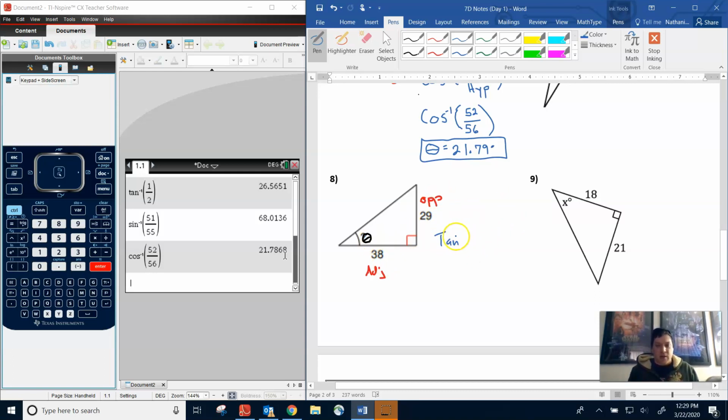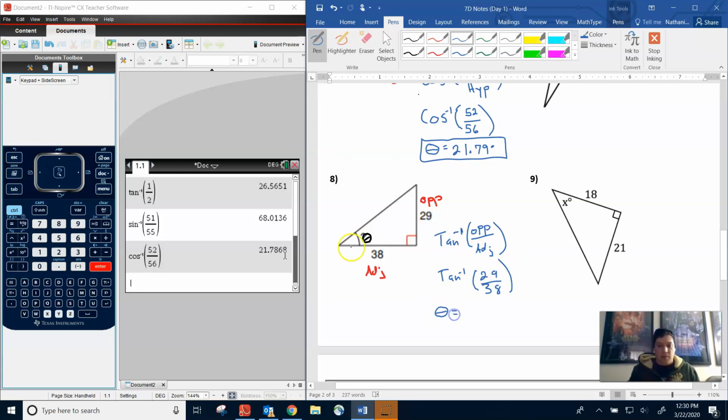But we're trying to find a missing angle, so it's tangent inverse. So what's tan inverse? Well, it's going to be the opposite divided by the adjacent. So we're going to take tan inverse of the opposite, which is 29, divided by the adjacent, which is 38, and plug that in, and then we're going to get our theta.